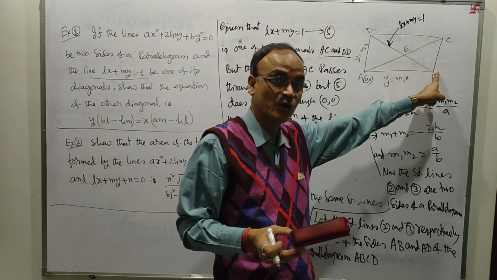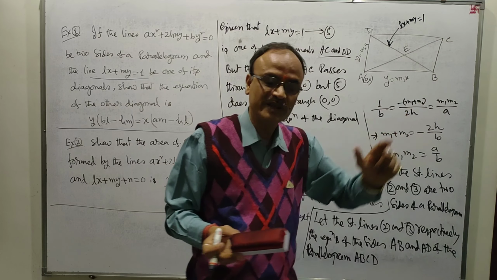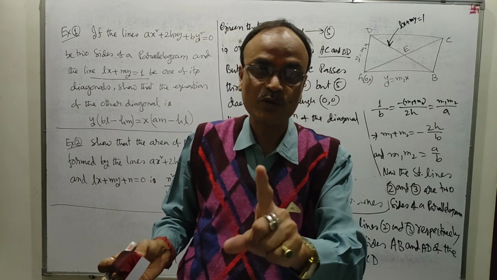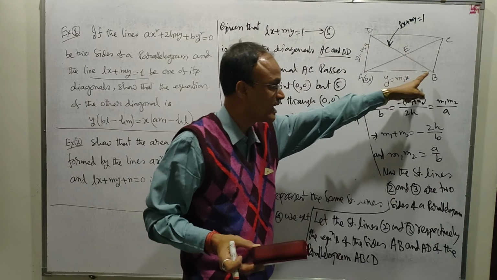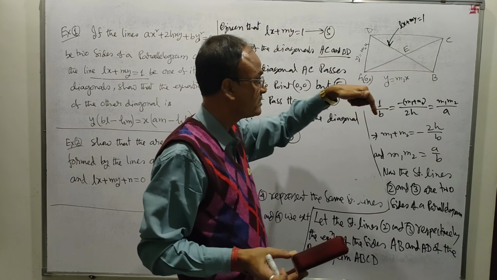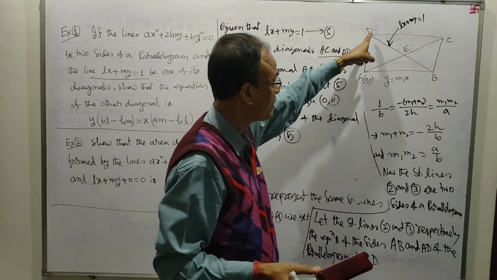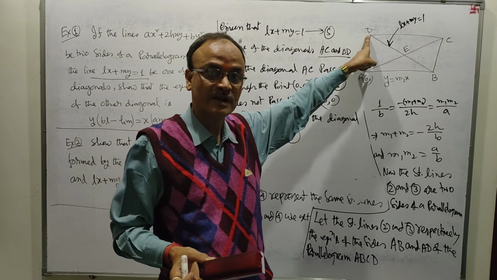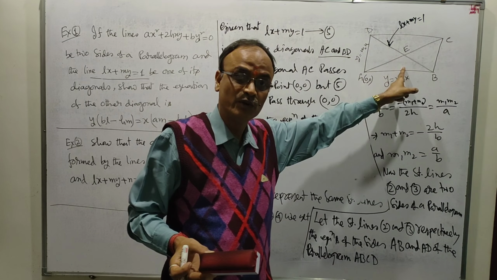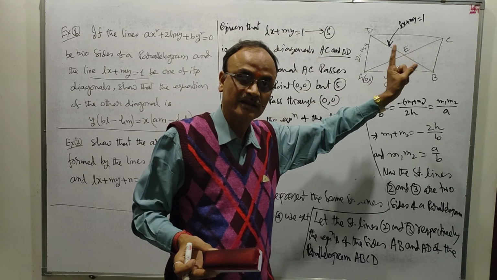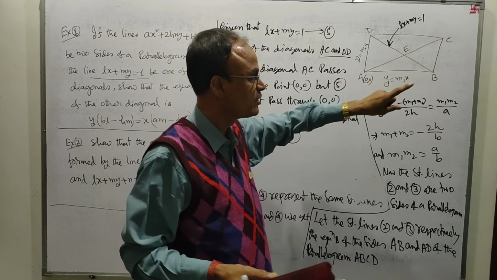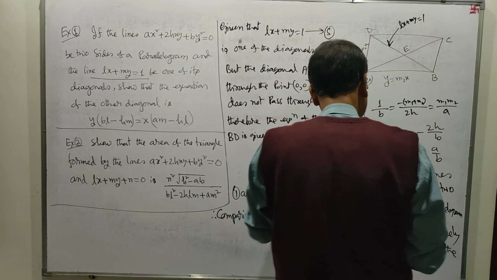B is the point of intersection between the straight lines y is equal to m1x and Lx plus My equal to 1. In a similar way, we can also find the coordinates of the point D. Therefore, E is the middle point of BD, which can be easily evaluated.